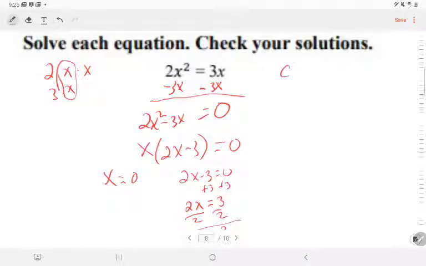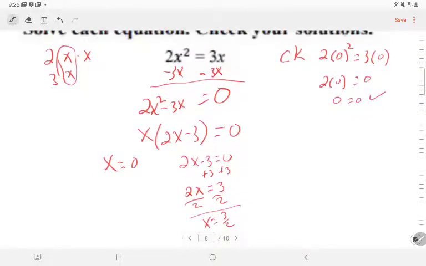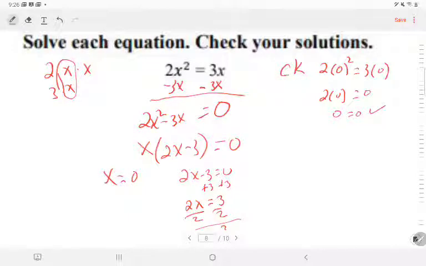So let's run a check. Well, if x is 0, it would be 2 times 0 squared equals 3 times 0. Well, that would be 2 times 0 equals 0, and 0 does equal 0, so it checks. Let's check the other one. The other root that I had was 3/2. So I would have 2 times 3/2 squared should equal 3 times 3/2.